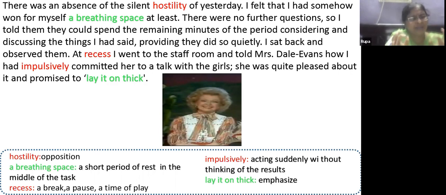And exactly the same thing happened. She was very pleased to talk to the young ladies, and she made a promise to Braithwaite that she is going to focus on all the things. She's going to emphasize, and she's going to lay so much focus on those things which are really needed by the young ladies, so that it will be helpful for them.